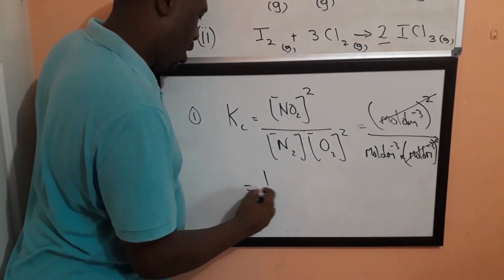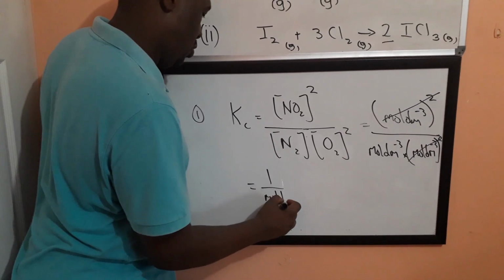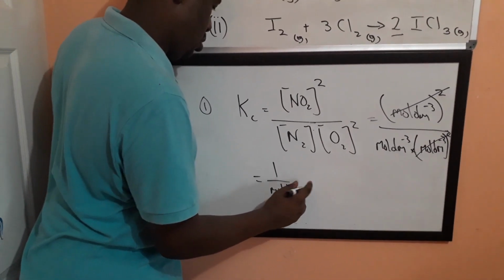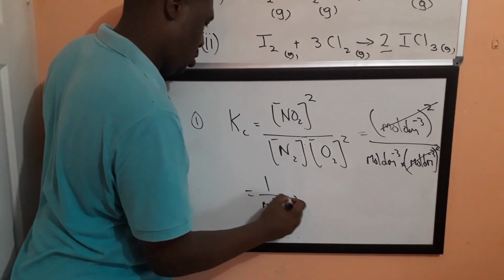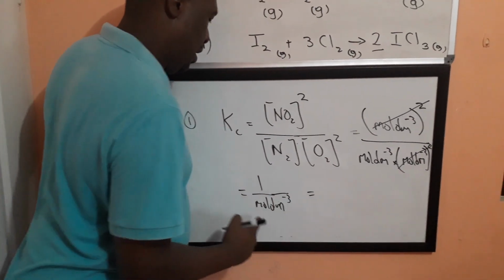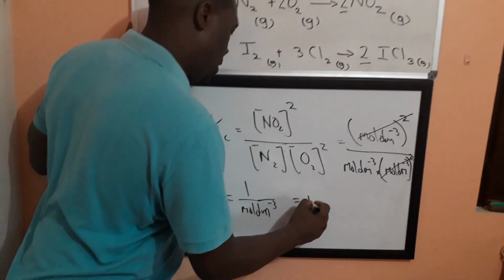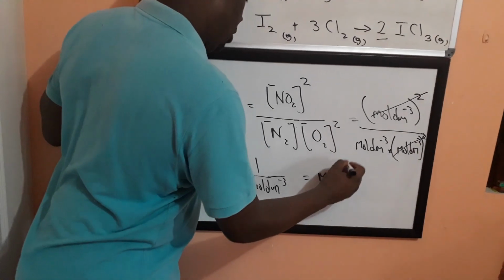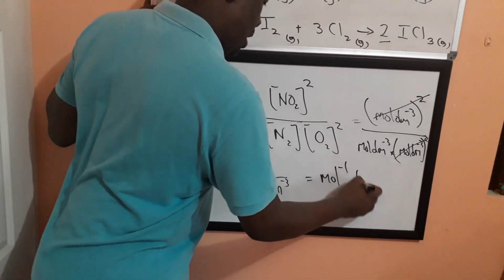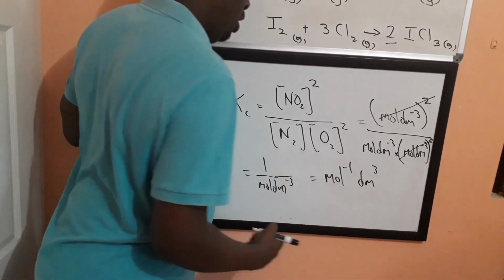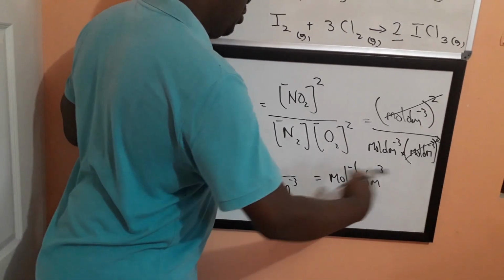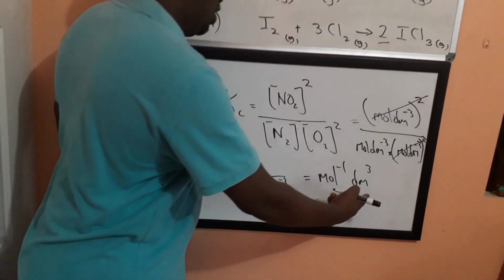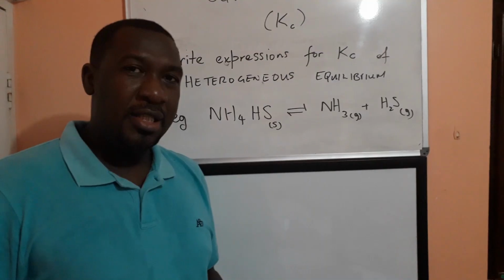So that would be 1 over mol per dm cubed. And then if we invert the mol, that becomes mol to the minus 1 and dm cubed. You can put the dm cubed before, you can put mol behind, it doesn't really matter, as long as you get it right.